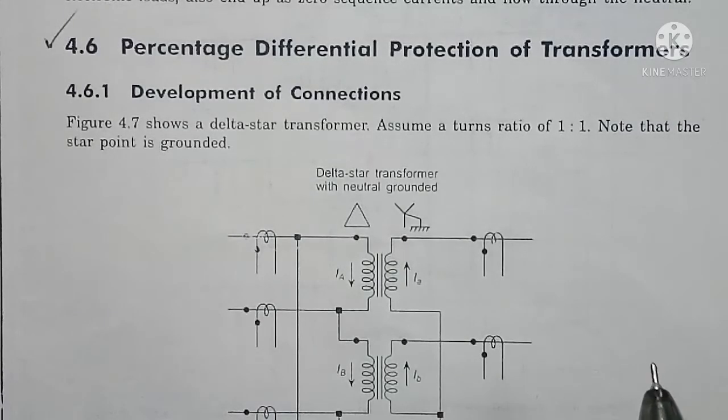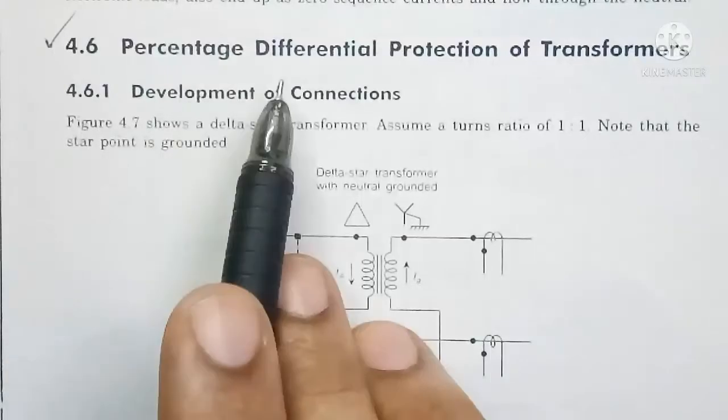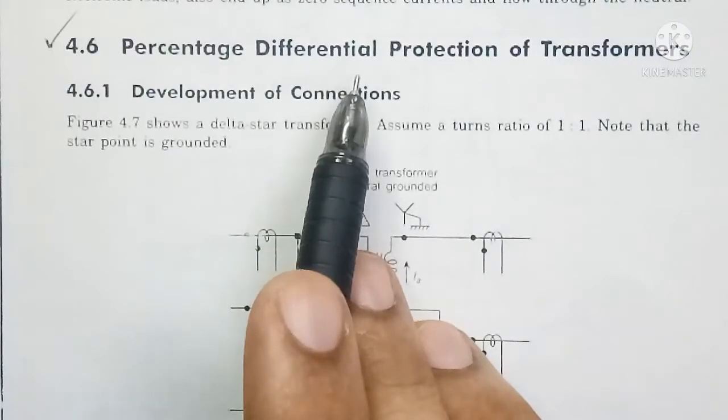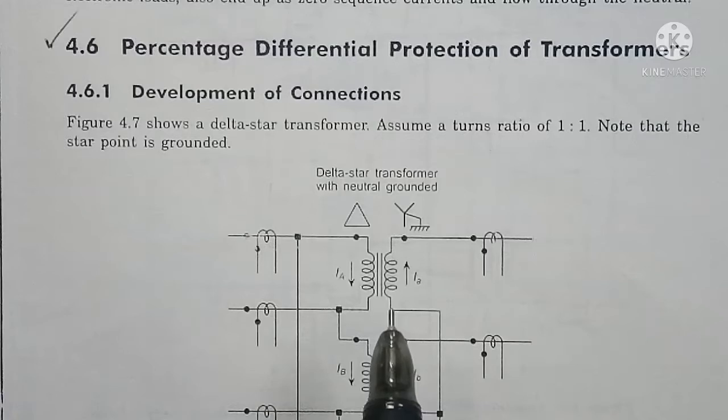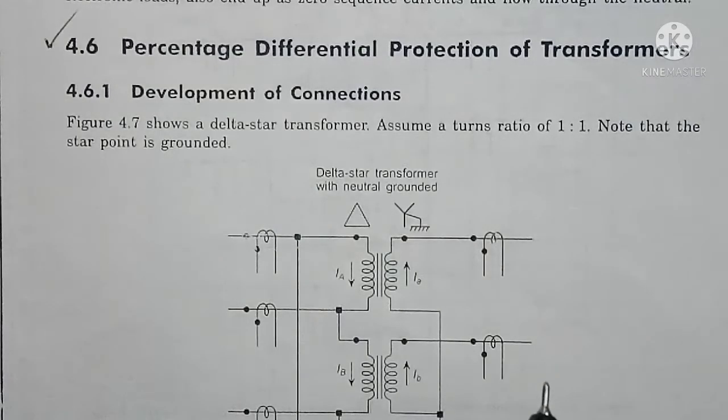To understand how a power transformer is protected against the internal faults using percentage differential relay, we have to understand how the connections are made, because power transformers are three-phase transformers.